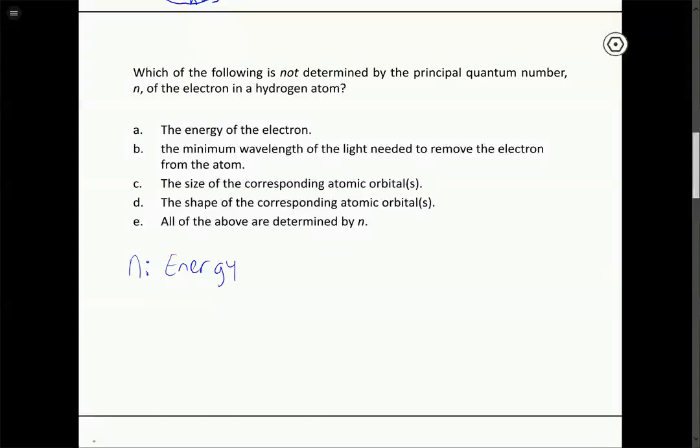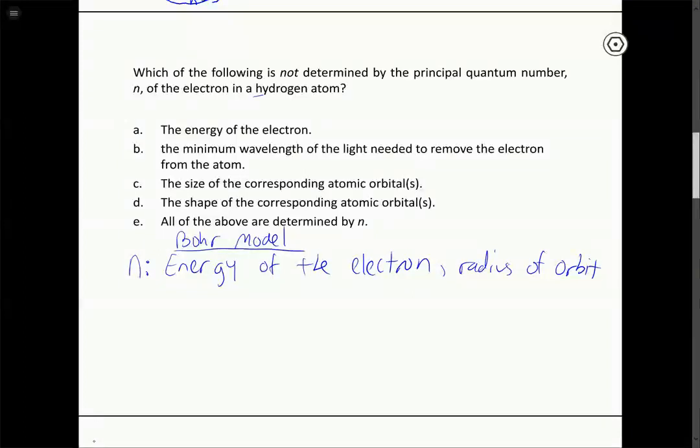As we talked about in the last problem, if you have a higher value of n, the electron is at a higher energy level. And then finally, the other thing that it tells us is the radius of the orbit for the Bohr model. So I should say this is true of the Bohr model.